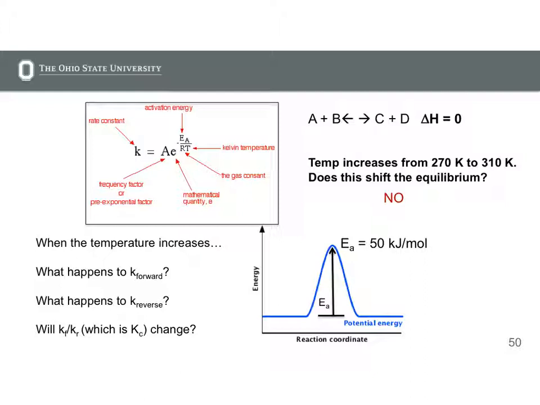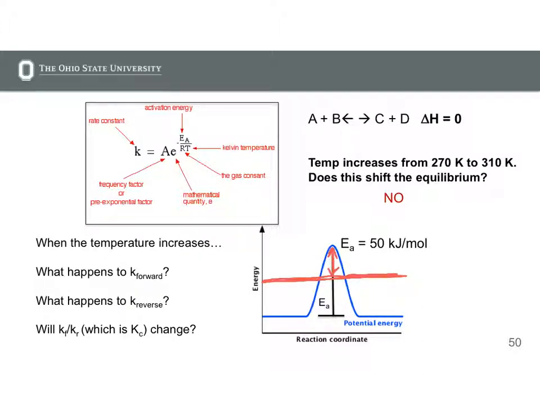Let's say that we increase the temperature. I'll use red. We've increased our temperature, and now we're at this level of energy for our reaction coordinate diagram. Ea is now smaller, right?